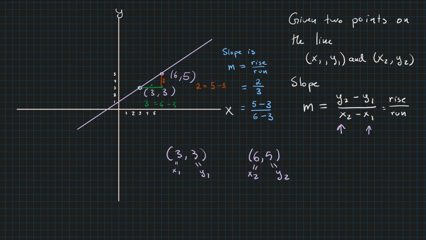It has to have that particular order. Using this formula with these points, m is equal to 5 minus 3 divided by 6 minus 3, which is still 2/3.